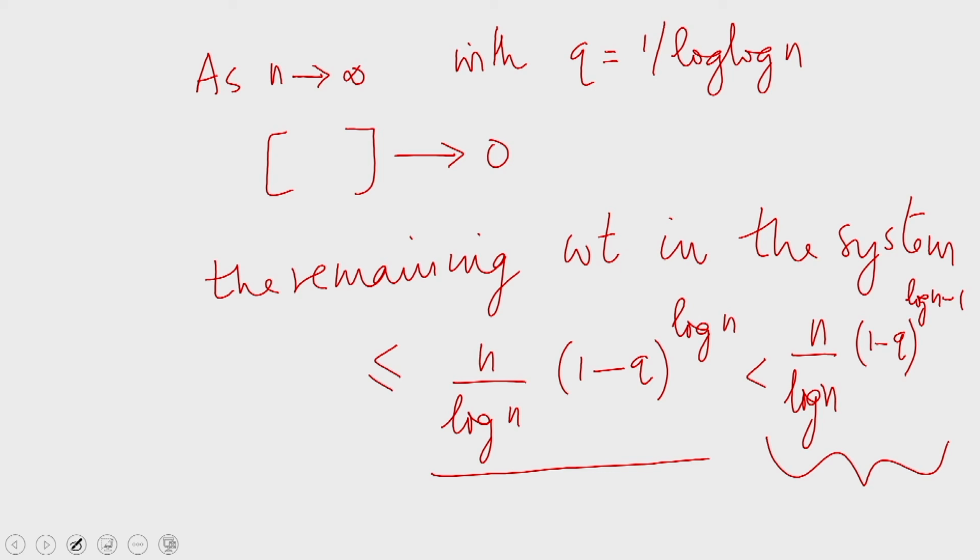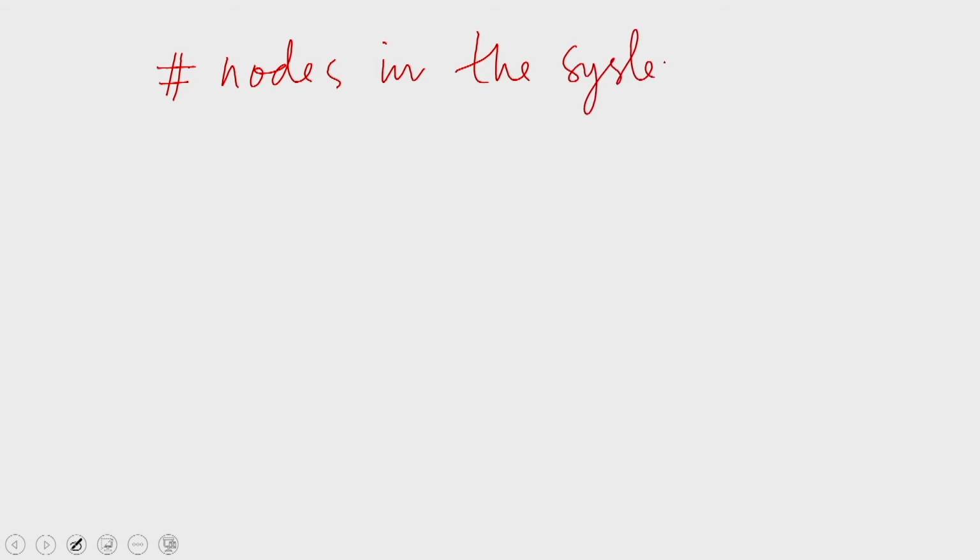That means the number of nodes in the system is now less than n by log n, and n by log n is the number of processes we have. Therefore, now with n by log n processes, we will be able to execute the previous algorithm. So, now the number of nodes have reduced to n by log n.